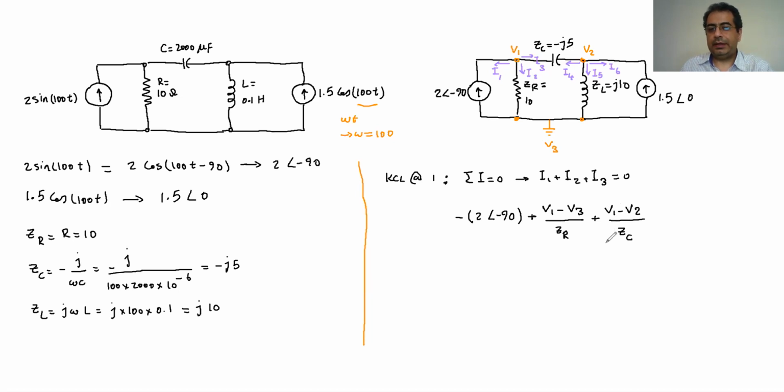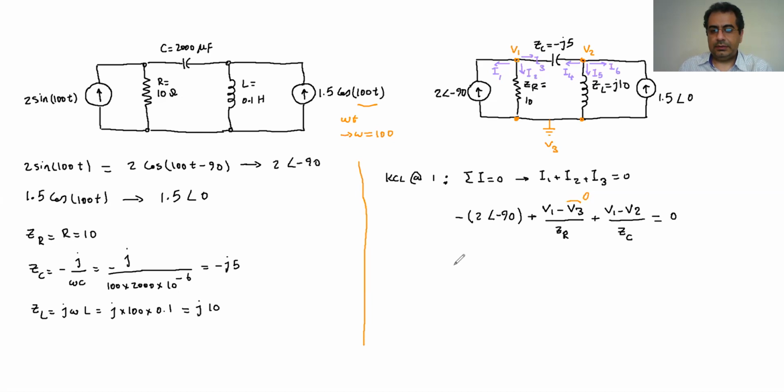As I said, we consider Z as the way we work with the resistance. I know V3 is 0, so I'll substitute them.